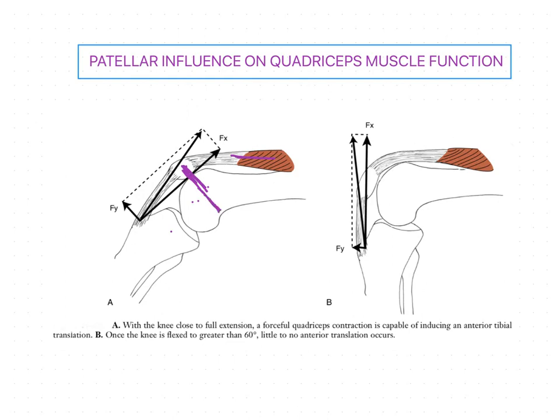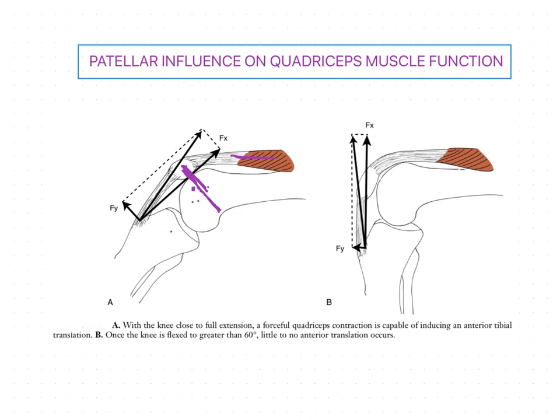And then it is shifted anteriorly during extension. After it reaches some point, the moment arm is going to decrease. So once extension passes 45 degrees of knee flexion, the moment arm is going to decrease.